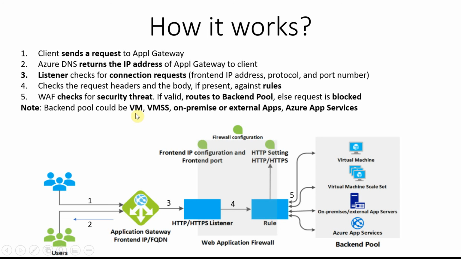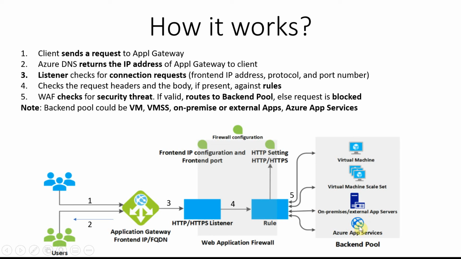So the backend pool could be a VM, or a VMSS, like a pool of VMs, or it could be an on-premise setup, like an application running on-premise, or it could be an external app, not even on-premise, another third-party external app, or it could be an app service, a web component inside Azure.